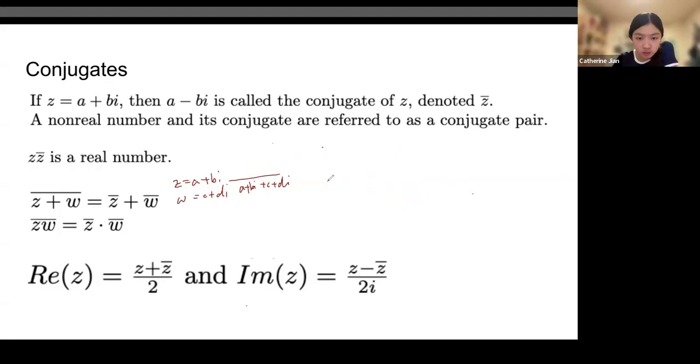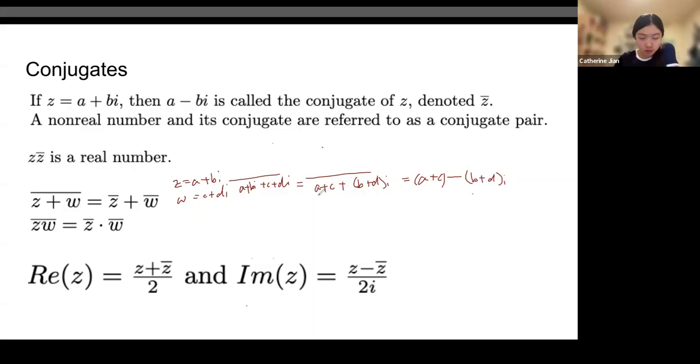Combining the real parts, this is the conjugate of a plus c plus b plus d times i. This is just equal to a plus c minus b plus d times i. So this is the conjugate of z plus w.